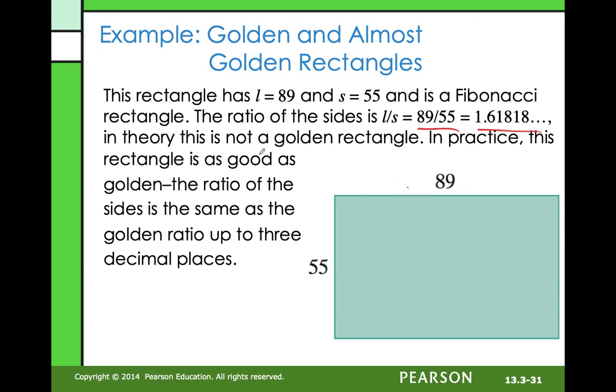In theory, this is not a golden rectangle, so technically speaking, not golden. But in practice, this rectangle is about as good as it gets. Again, theoretically, you have to get to an infinitely large pair of Fibonacci numbers in order for it to be truly golden. But when it's golden ratio up to 3 decimal places, usually we say that's about as good as it gets.